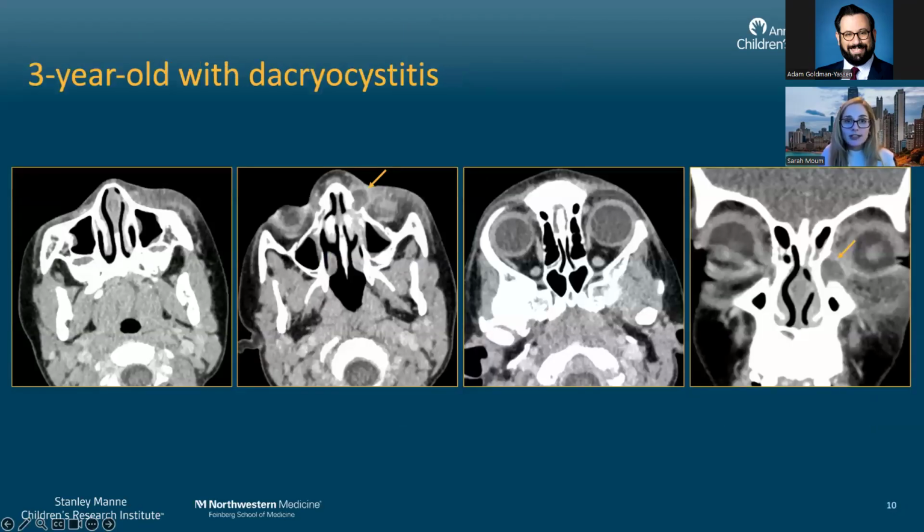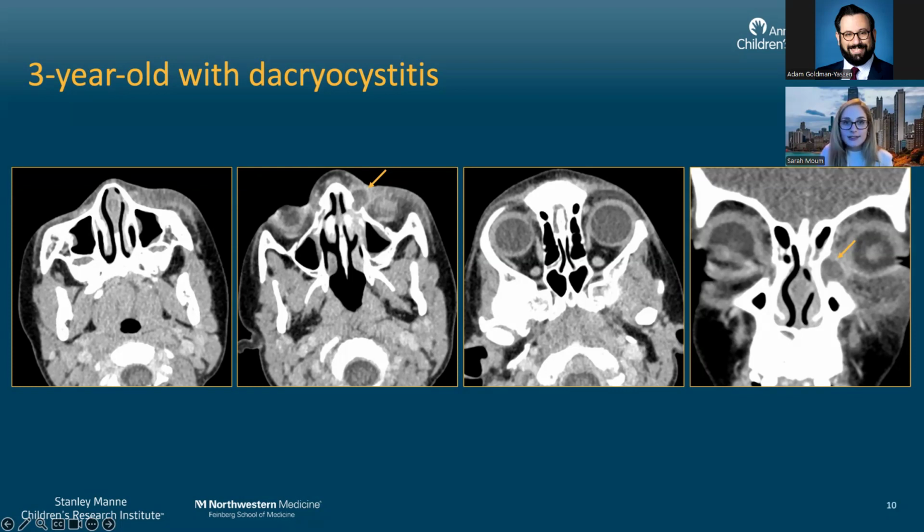All right, so our next patient is a 3-year-old who had known bilateral nasolacrimal duct stenosis congenitally and is now status post balloon dacryoplasty. Now that worked on the right, but was unsuccessful on the left. So we can see the patient presenting with worsening erythema around the left eye.